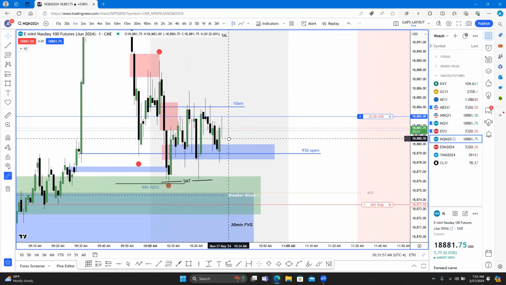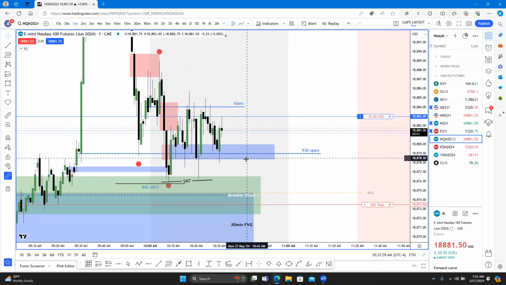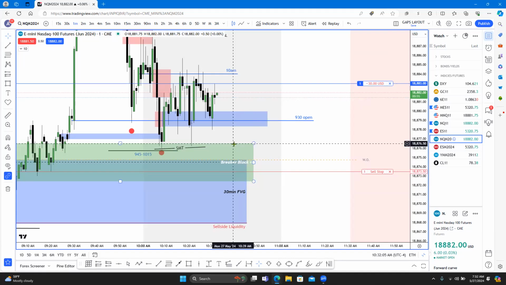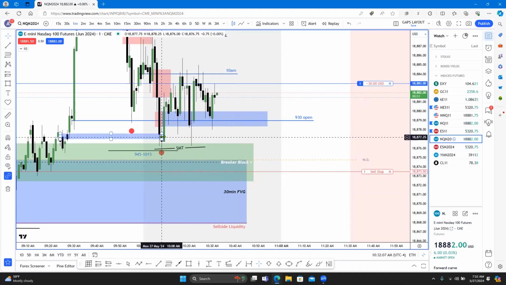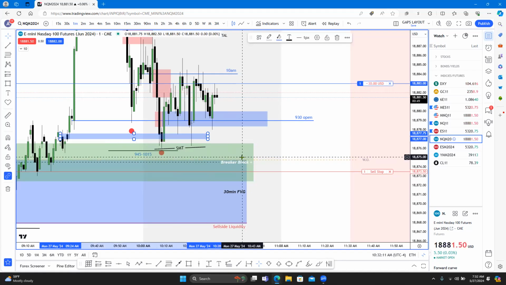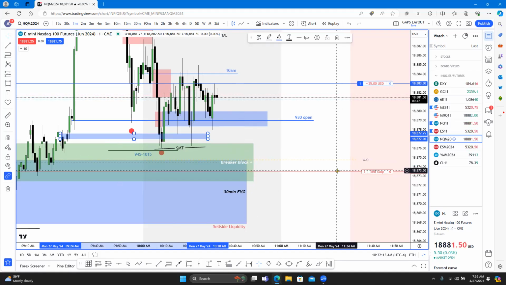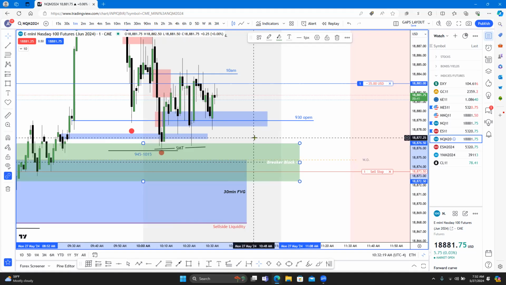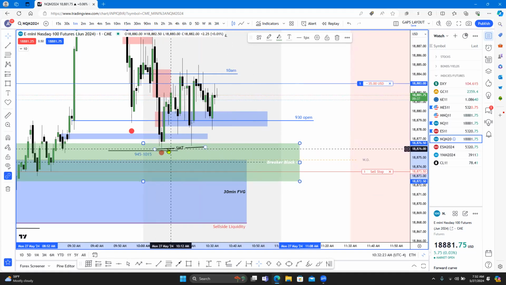So based off our checkpoint, this gap we want to see respected, and we had this volume imbalance there, but watching this bullish breaker, we want the upper end of this to be respected if it were to dip lower. But we do have SMT with ES, which is nice.